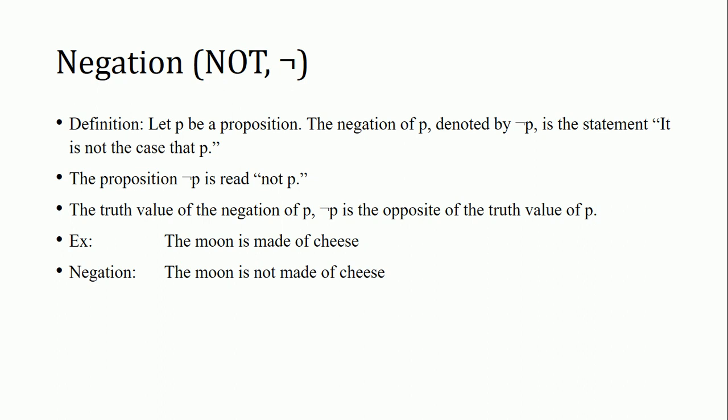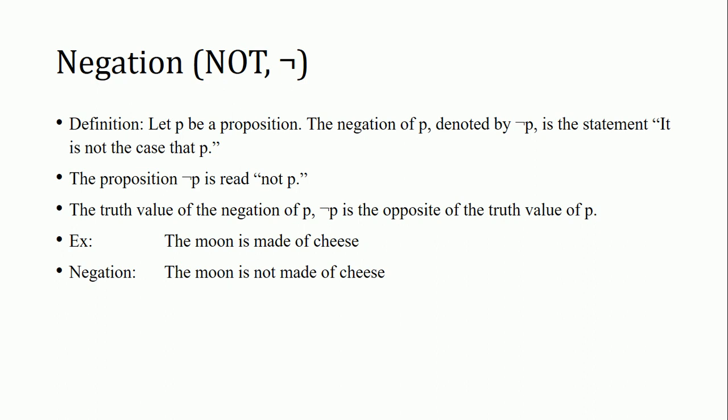Let us take an example: The moon is made of green cheese, or the moon is made of cheese. What is its truth value? Of course, the truth value of that proposition is false. When we negate it, we negate the subject: the moon is not made of cheese.